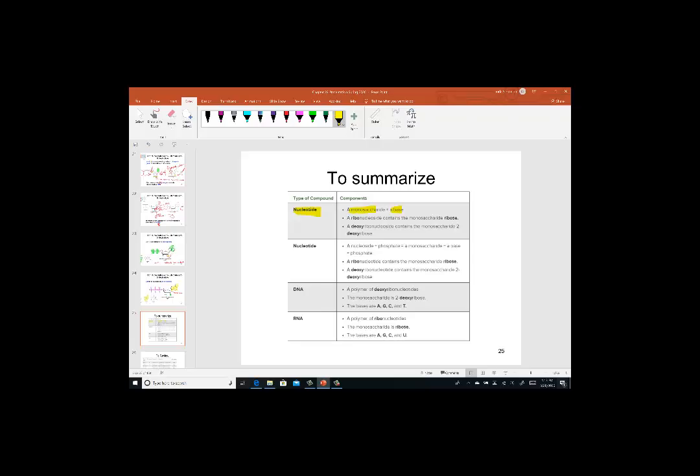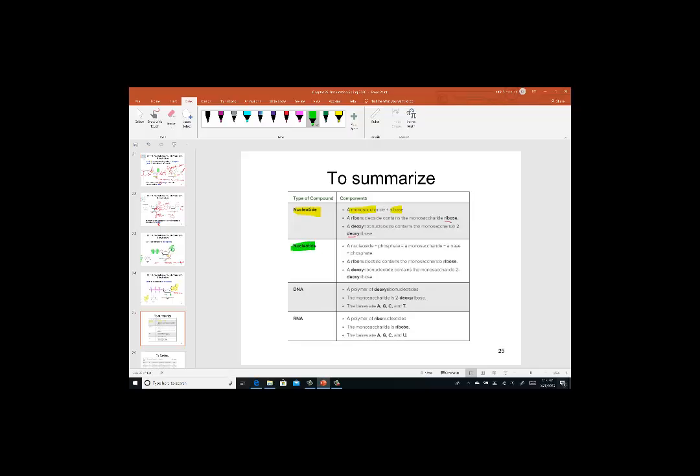A nucleoside is composed of a monosaccharide attached to a base from the anomeric carbon to the nitrogen of the base. A ribonucleoside has the building block of ribose, and deoxyribonucleoside has the building block of deoxyribose sugar. So the absence or presence of an OH group at carbon 2 determines if I have ribose or deoxyribose.